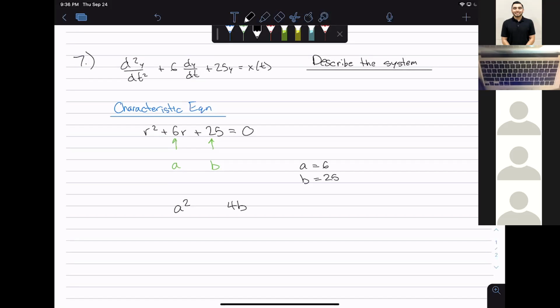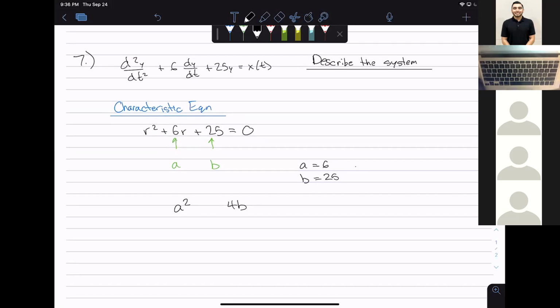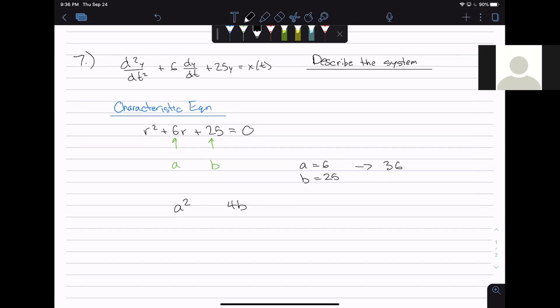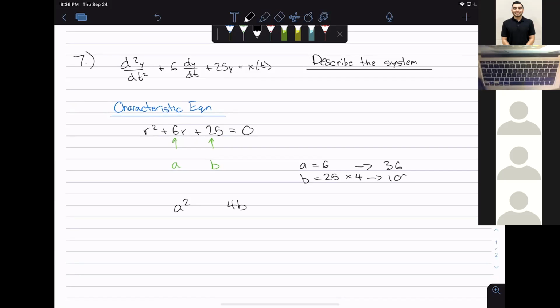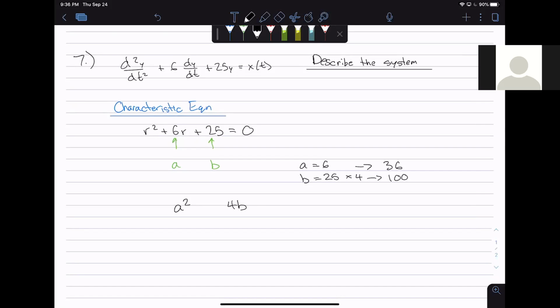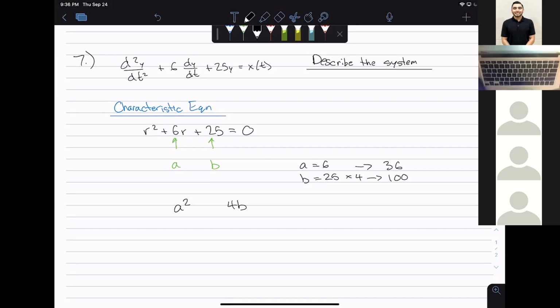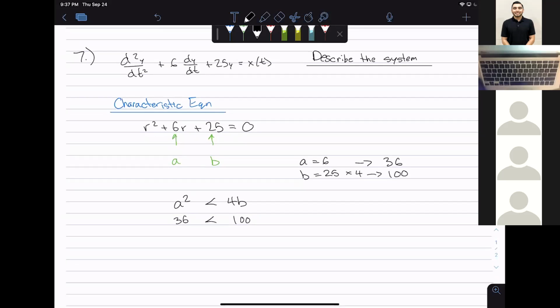If we square a, we get 36, and if we multiply b by 4, we get 100. So in our case, 36 is greater than 100? According to the handbook, the system is underdamped.